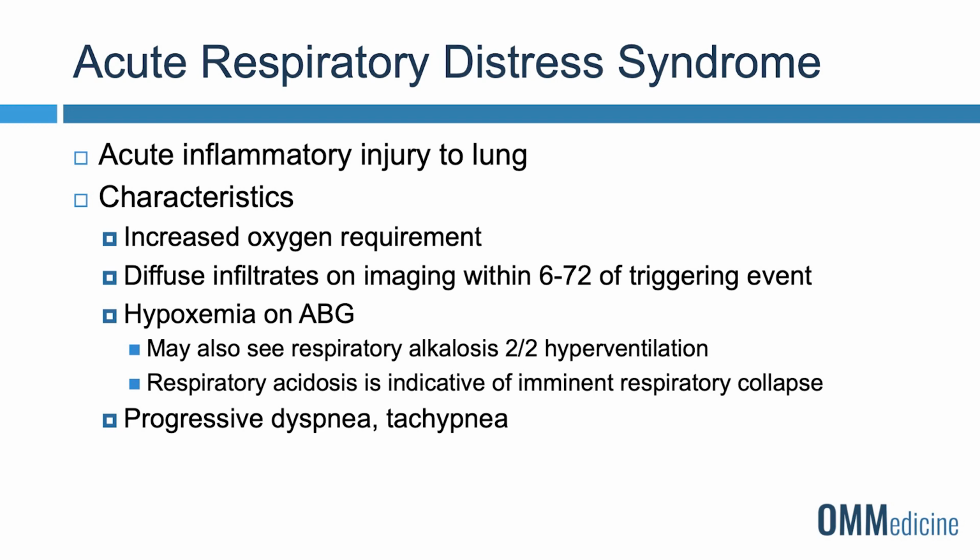Now, if you clinically suspect a patient has ARDS and you get an ABG, and it does not show respiratory alkalosis, but it shows respiratory acidosis on the other hand, this is a very scary finding because it means that the patient is losing their inherent respiratory drive and is therefore retaining CO2 and is therefore going to have an acidosis rather than an alkalosis. And this is a very scary finding and really should indicate the patient needs to be intubated immediately.